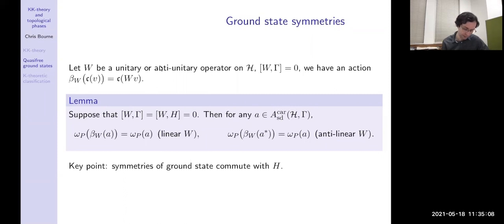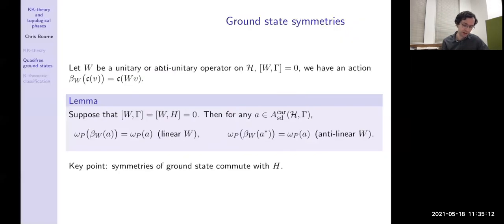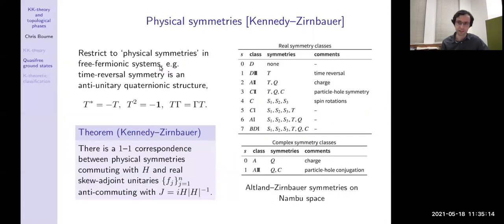Okay, cool. So in particular, this was just for any old unitary or anti-unitary, but I don't know if Martin is here or not, Altland and Zirnbauer specified certain symmetries they describe as physical, and how these are all described in this Nambu space setting was outlined in this paper by Kennedy and Zirnbauer from 2016 in CMP.